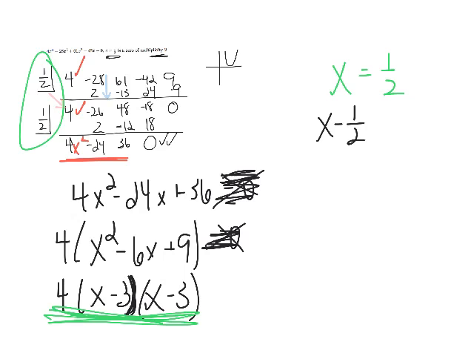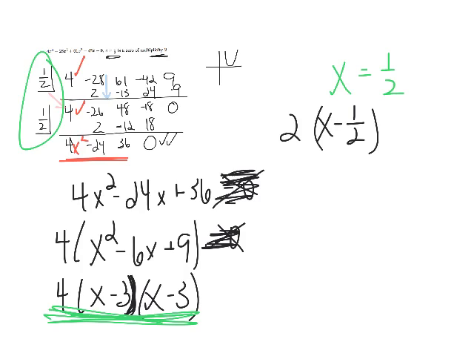So what you can do is multiply everything by a 2 to get rid of this fraction. When you do that, you get a 2x minus 1.